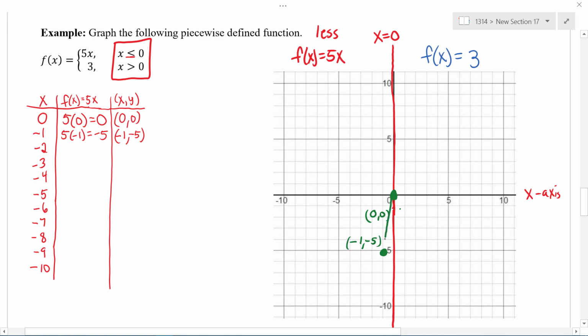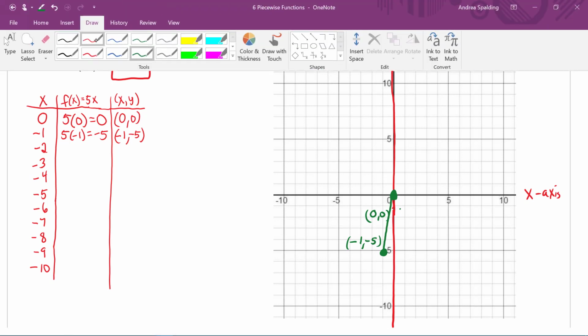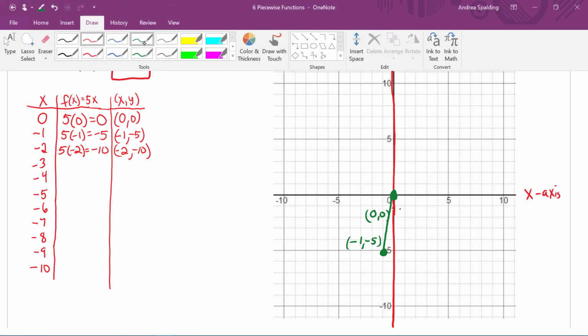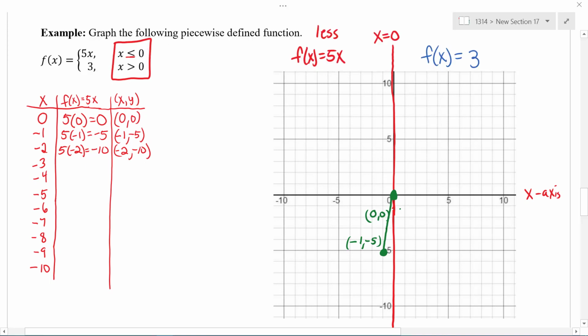So far we have this line. What happens when I plug in a -2? 5 times -2 is -10, so I can plot the point -2, -10. I'm going to plot that in green so we can see that graph. So -1 was here, -2 is here, -2, -10. We're going to plot that point there.